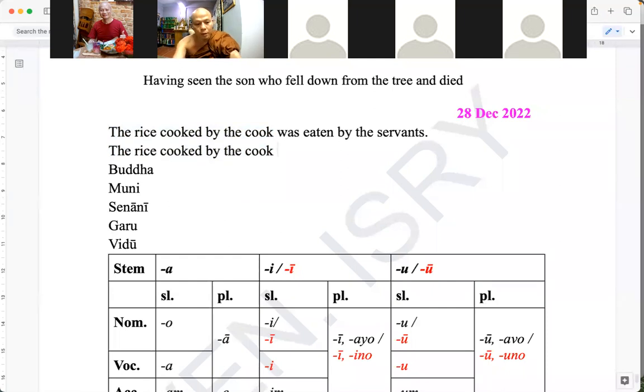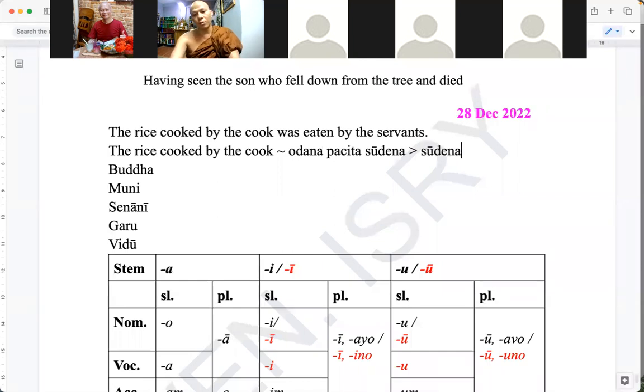Without case ending, rice means odana, cooked means pacita, and by the cook means suda, but here with "by" already, that is sudena. Sudena, odana, pacita. And then what order can we use? Sudena odana pacita, or sudena pacita odana.